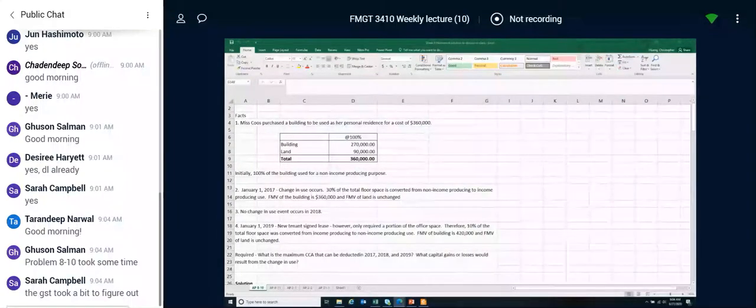Did people find the partial change in use difficult? Did the handout I gave kind of help?